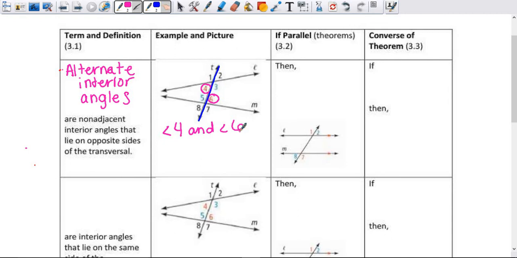Now the other example, the only other two we've got that are alternate interiors are 3 and 5. Again, not next to each other, but interiors and on opposite sides of the transversal. All right, so then if you know that these lines, L and M, are parallel, then we can say that alternate interior angles are congruent.